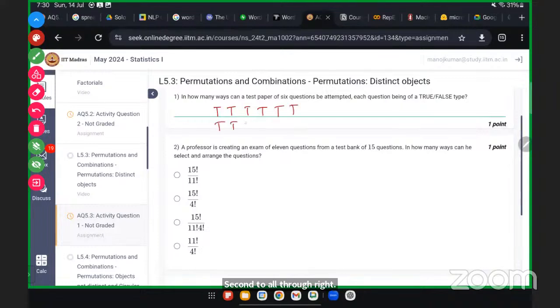Then T and F or something like this. For each question, we have two options available, true or false, correct?